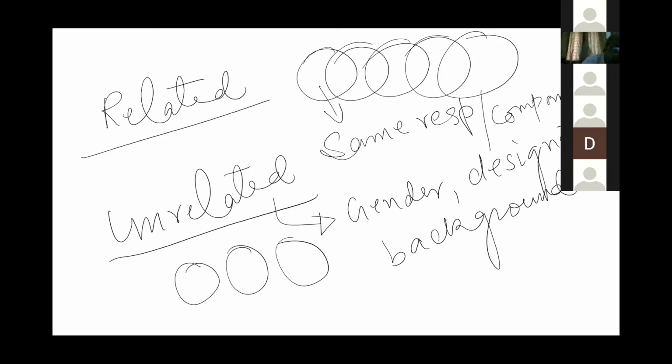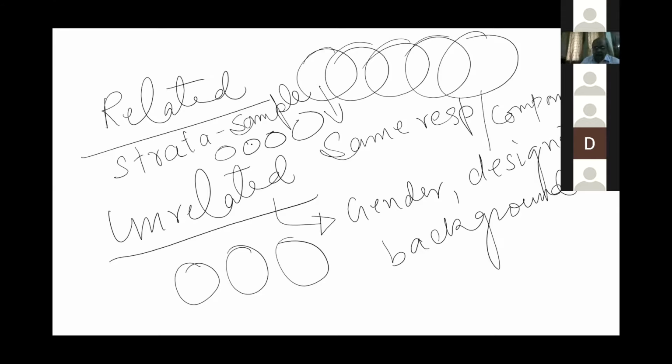Another question is, if we are going for strata-based sampling, then is each stratum which we are considering treated as unrelated or related?